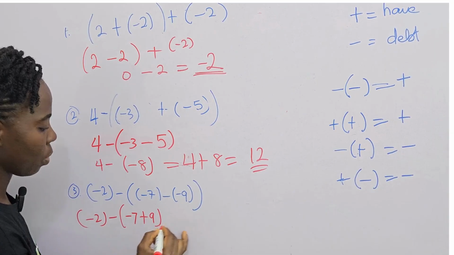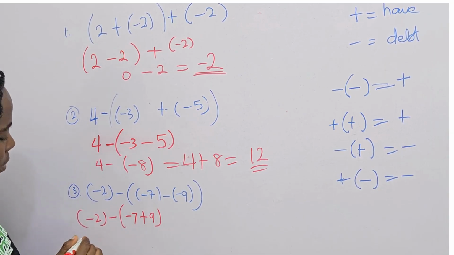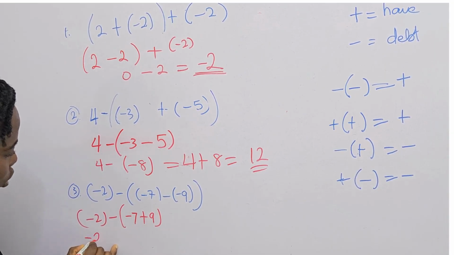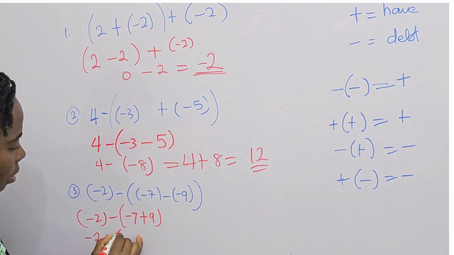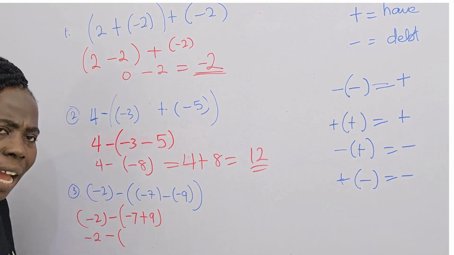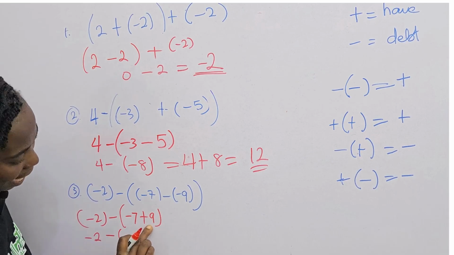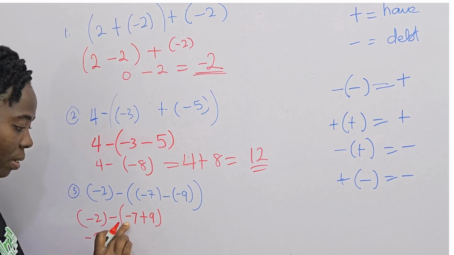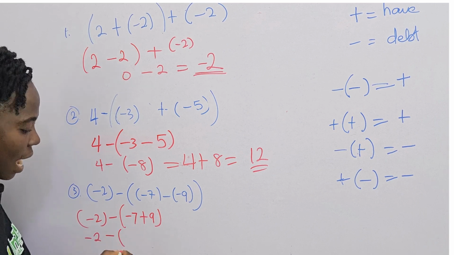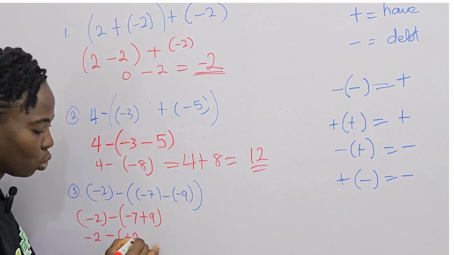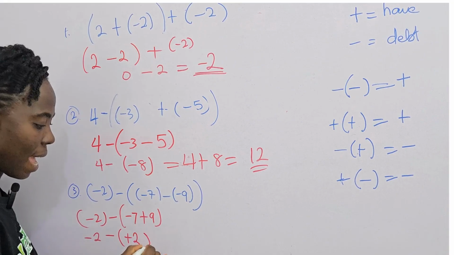If we simplify it further, we should have minus 2, and let's not open that bracket for now, minus 7 plus 9. This person is having 9 and is owing 7. He's going to pay his debt from the 9 he's having, and he's going to be left with 2, which is his money, no longer a debt.